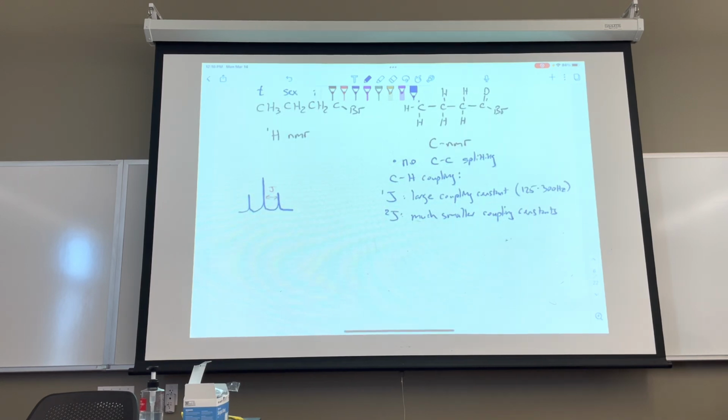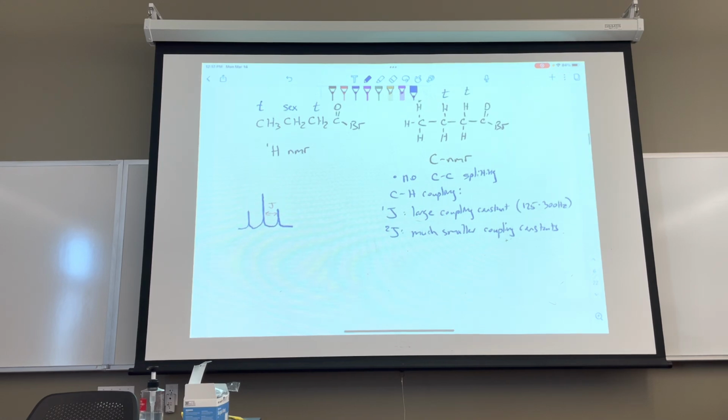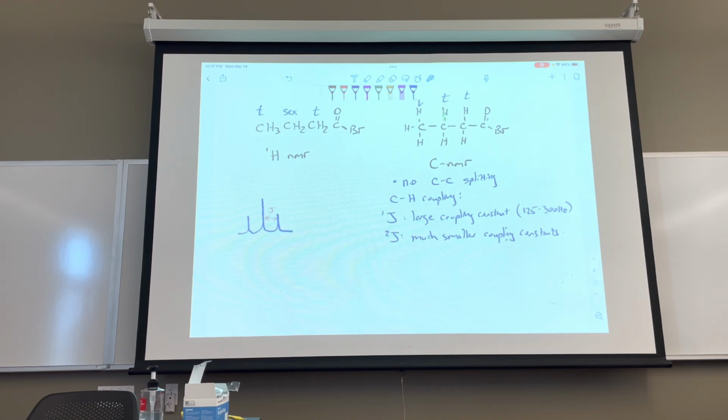And you could see how this could potentially get complicated, right? If the biggest coupling is from the directly attached protons, but you also get smaller coupling from neighboring protons, imagine what that terminal methyl group is going to look like. It would be a widely spaced quartet, but think about your splitting tree, remember those that you did last semester? Each of the 4 peaks of the quartet would be split because the neighboring protons are 2, and 2 plus 1 is 3.